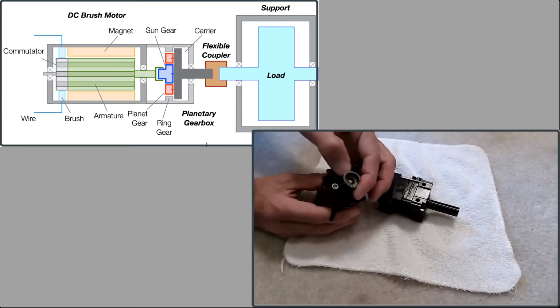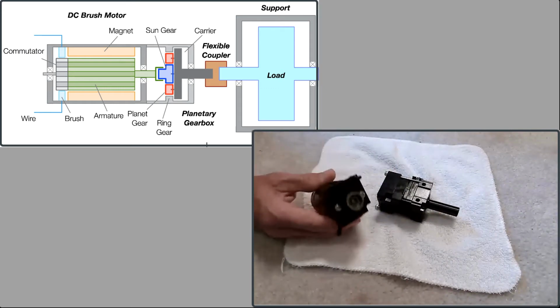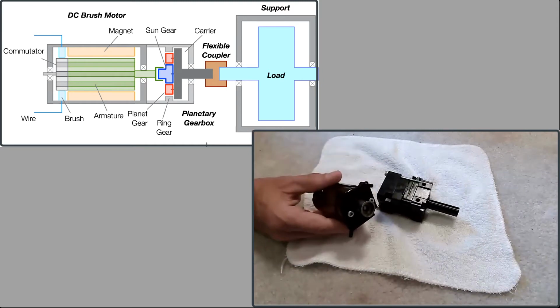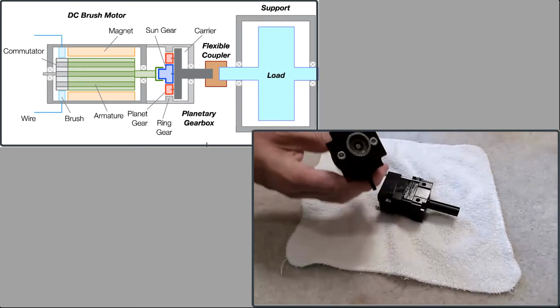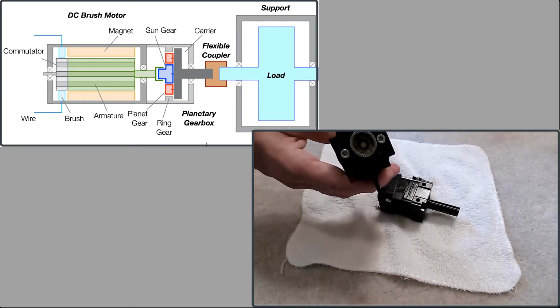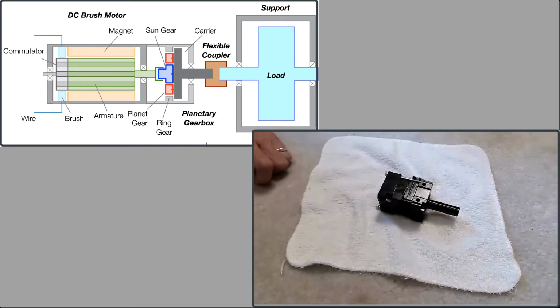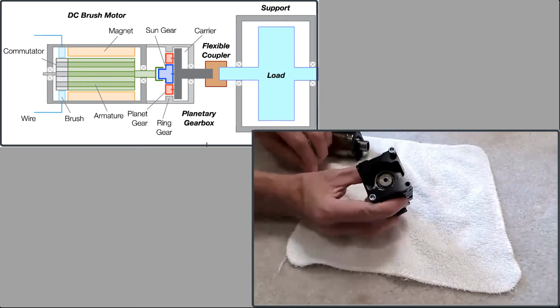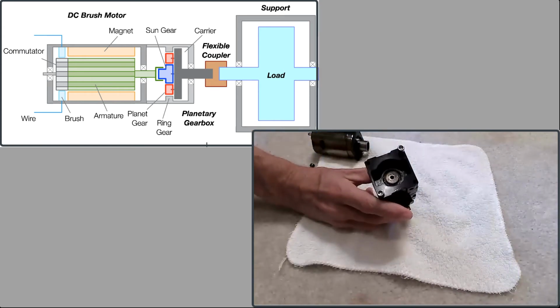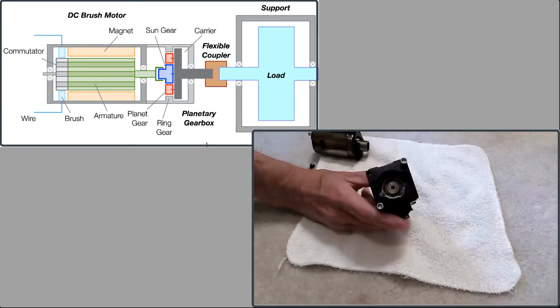It's got this little adapter on the output shaft of the motor, which is fixed onto it by a little set screw. And it has a little spline-type arrangement where that, I'll put this over here, sticks into the input side to the gear head, which you can see right there.